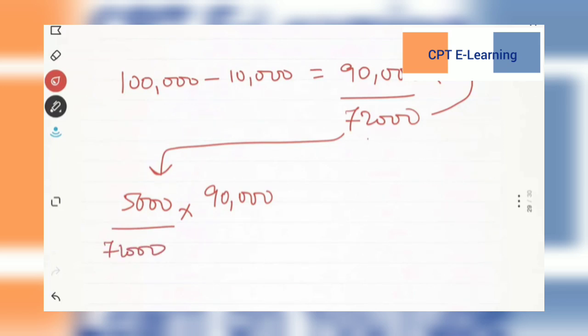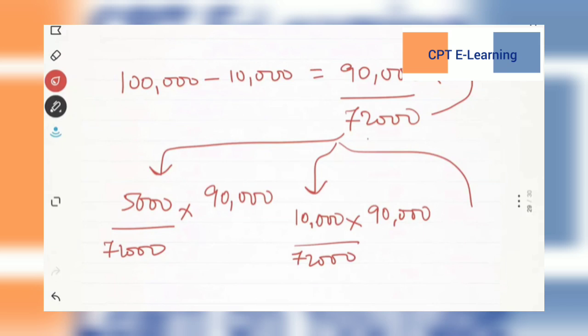This should be the depreciation of year 1. What should be the depreciation of year 2 is how many units I am making in year 2. I am making 10,000 units in year 2. So 90,000 into 10,000 divided by 72,000. So you got my point? This is how for every year we will find out the depreciation. And I believe now this sum is very easy for you. Please try the next sums from 38 to 42.